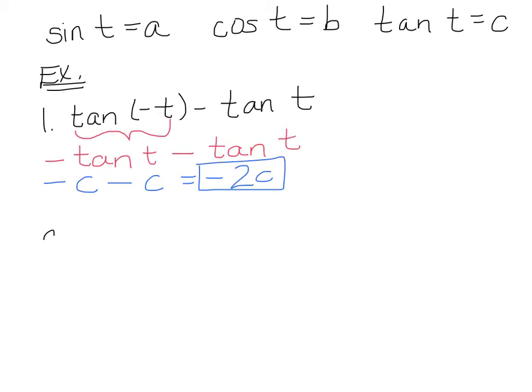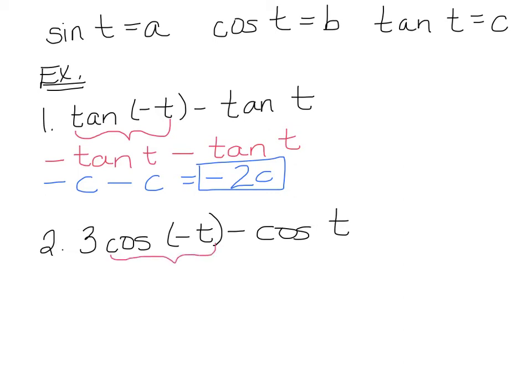Let's try another one. We have 3 cosine of negative t minus cosine of t. Well, we have this negative, and remember, cosine of a negative angle doesn't change.